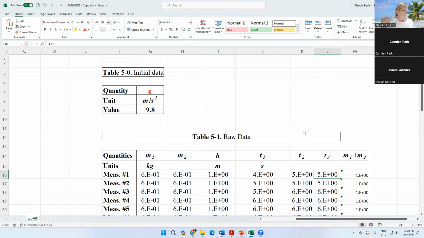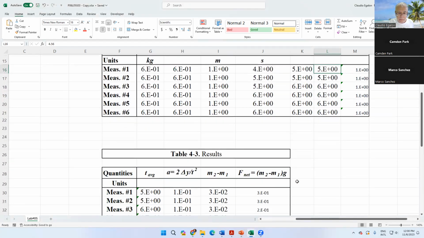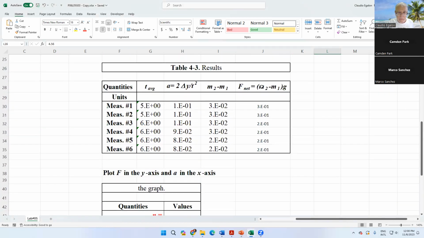By the way, Professor, how do I get the net force value? I read the manuals and everything. Is that m sub 2 g minus m sub 1 g, right? Yeah, right in here.